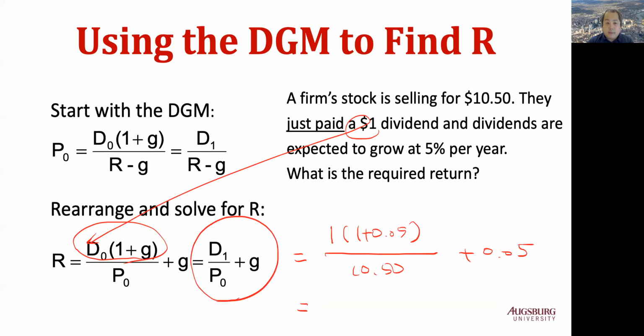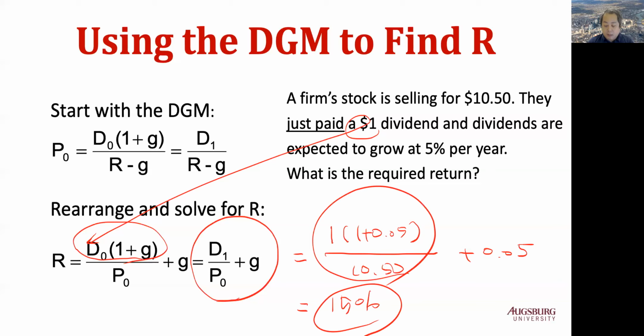Then you will have 15%, R, the required rate of return. Among these 15%, 10% is dividend yield, 5% capital gain yield.